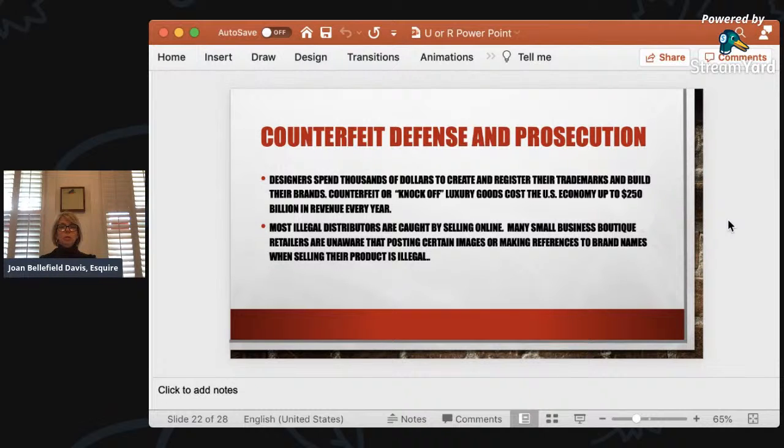I think the bright line rule is you cannot profit from someone else's goodwill. So if I was selling something that I made, but I used Louis Vuitton specifically, say it was a face mask, and I was recycling Louis Vuitton purses, I would not be able to sell it that way.